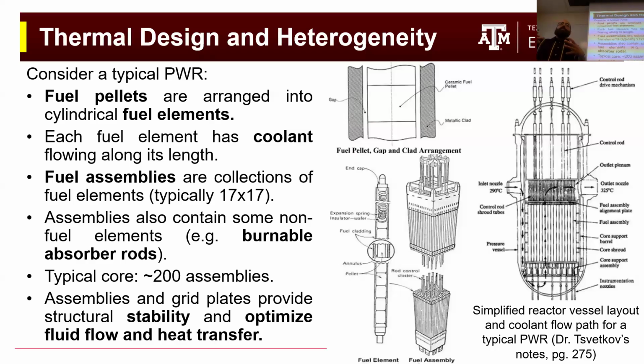These fuel assemblies are also designed to reduce vibrations that could be caused by the fluid moving past them very quickly, and so they help for stability. They also help your fluid flow and your heat transfer. You'll have these little spacer grids placed at different points along the axis of an assembly.